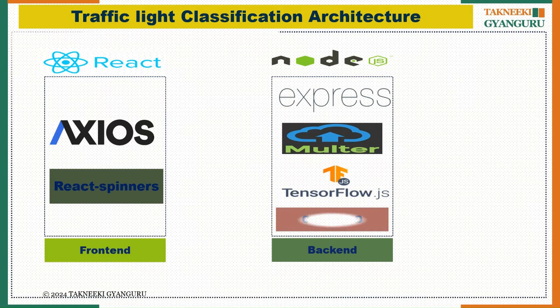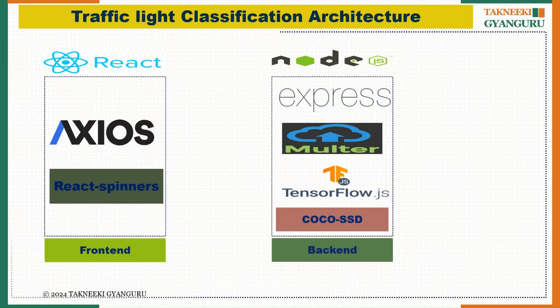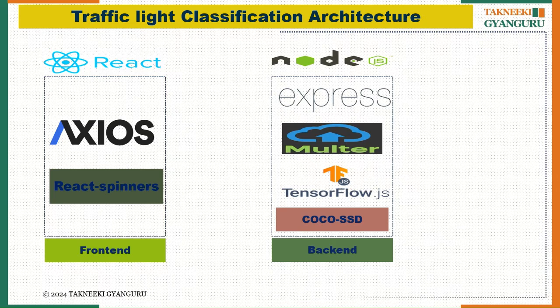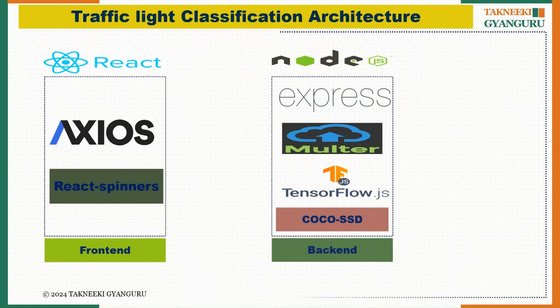TensorFlow, including COCO-SSD, will handle our image classification, where we will create our models, the COCO-SSD models, and pass our image into the model, and then it will predict whether the image is a traffic light image or not.